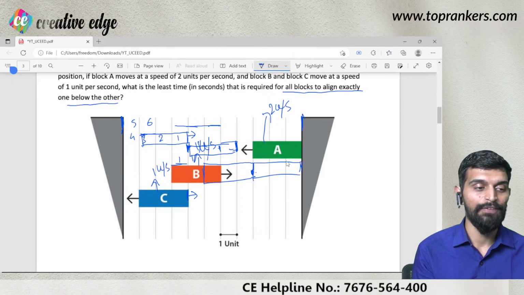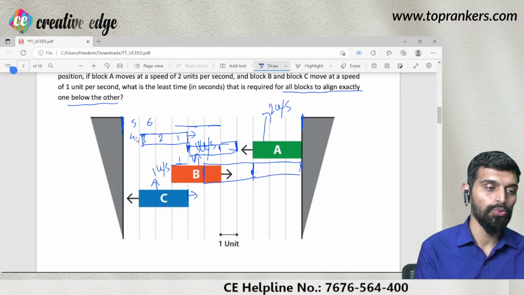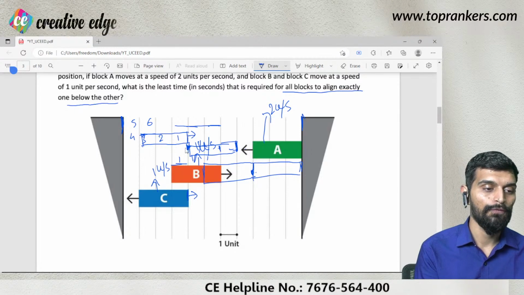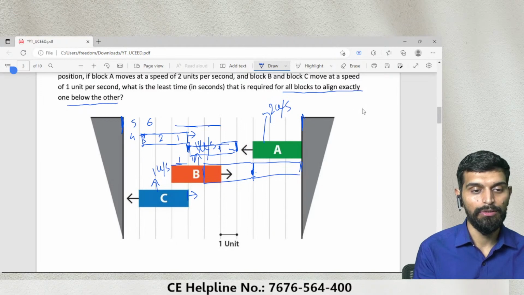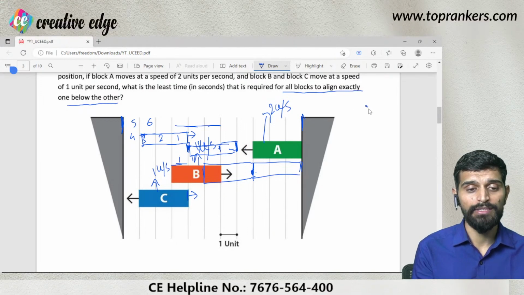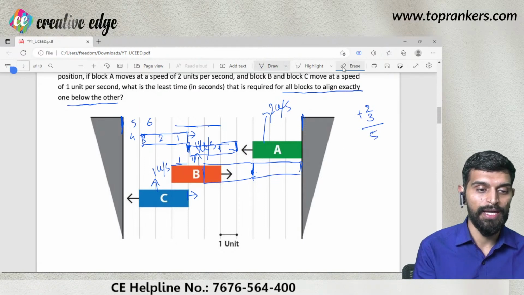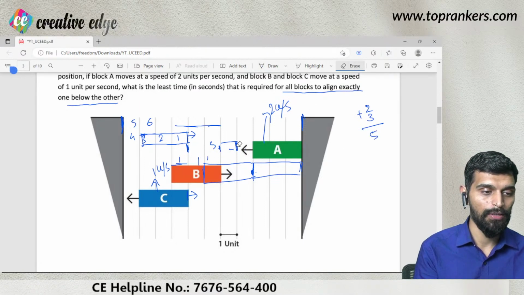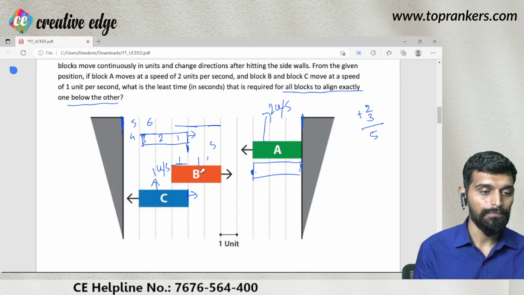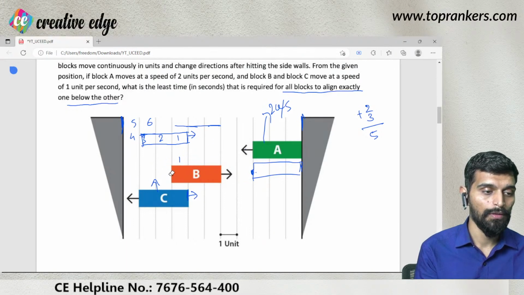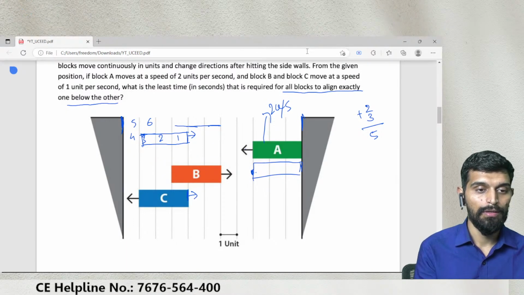So how many seconds have I already taken? First 2, then 4 seconds, and then 3 more, so 5 seconds I have taken, right? So after 5 seconds, the scenario is somewhat like this.